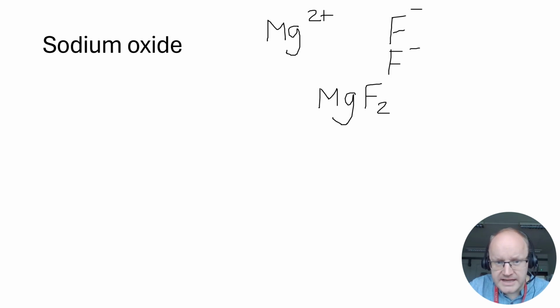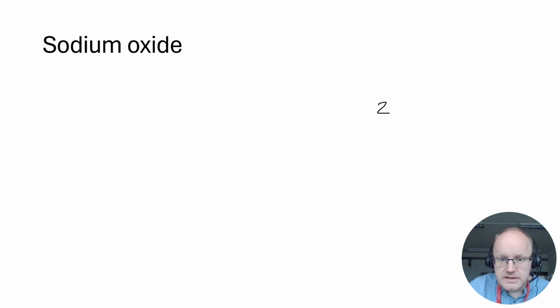Let's clear that, and then I'll move on to the next example. This example is sodium oxide. So sodium has got 1 outer shell electron. It's in group 1.